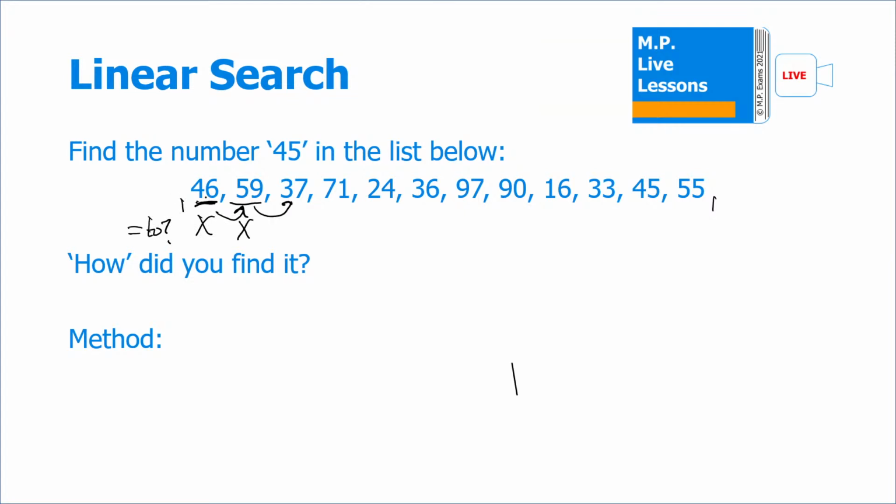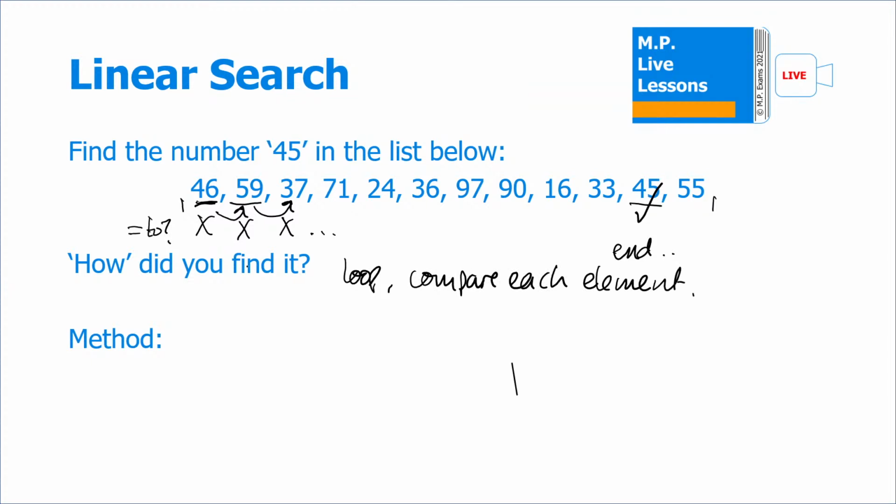It isn't, so we move on to the next number, which isn't, and so on, until we find 45, which we found, and we end, because we found what we want. So this can easily be a loop, where we compare each element, one after the other.